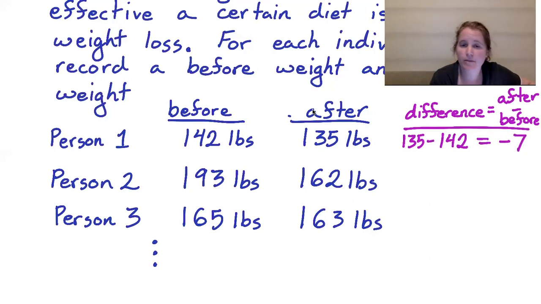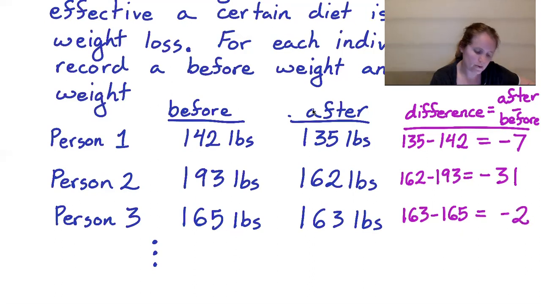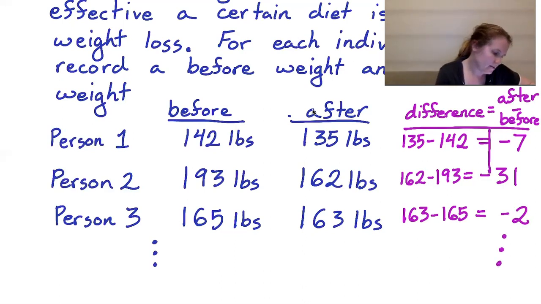So we dropped 7 pounds. 162 minus 193, we are looking at -31. 163 minus 165, we are looking at -2. So instead of studying these individual data values, what we will do is we will simply study the difference.